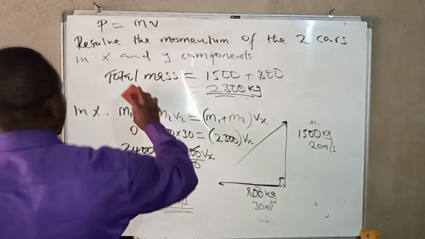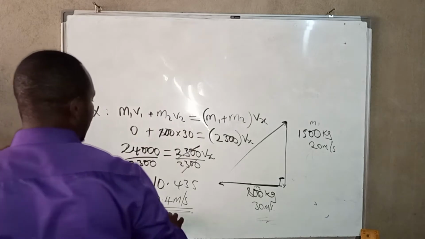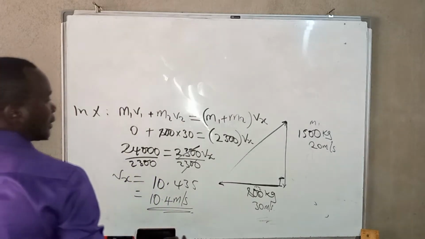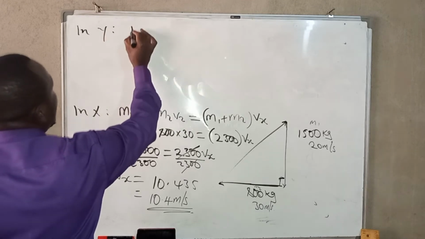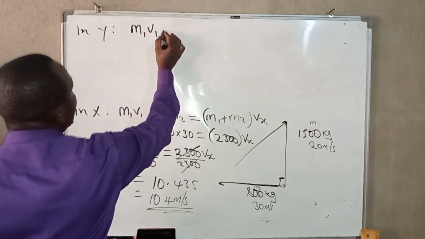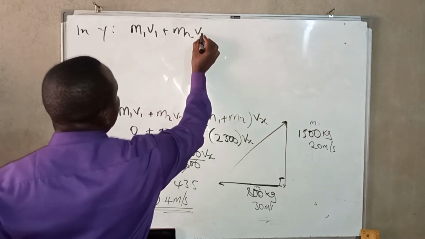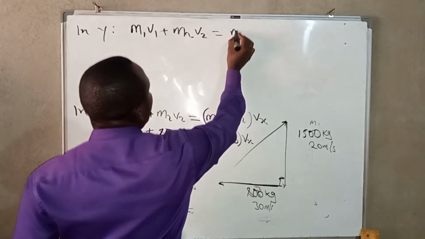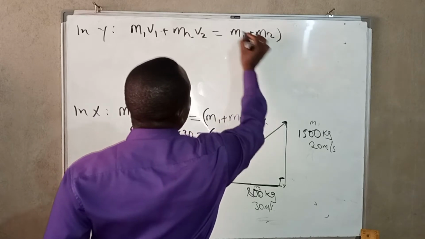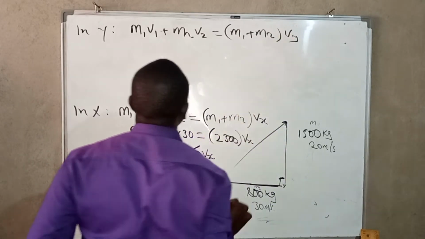So let us proceed with the y component. In y we have m1 v1 plus m2 v2, which will give us m1 plus m2 times Vy.